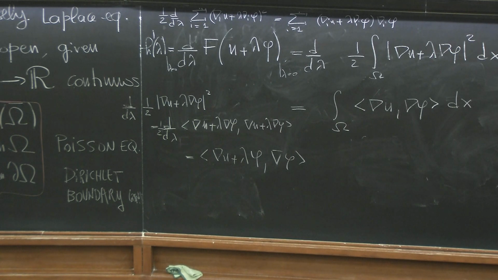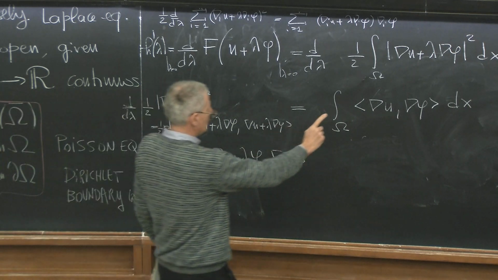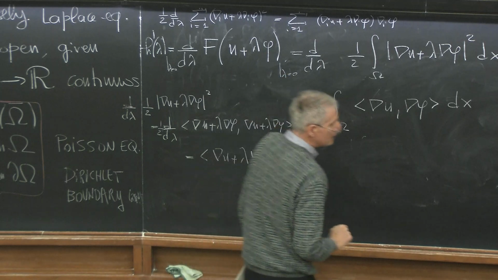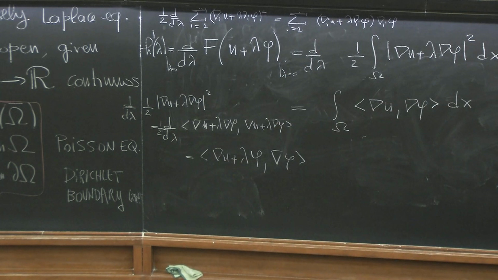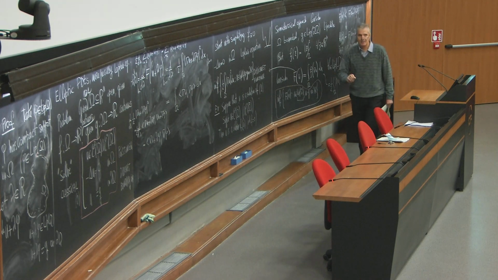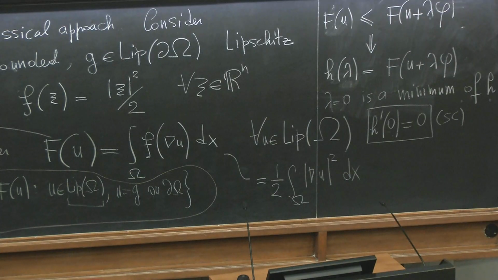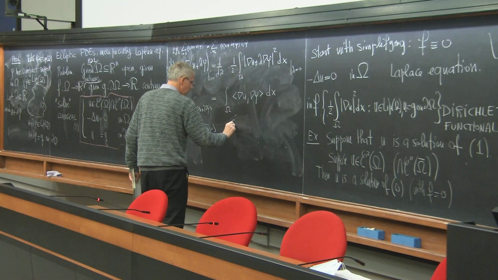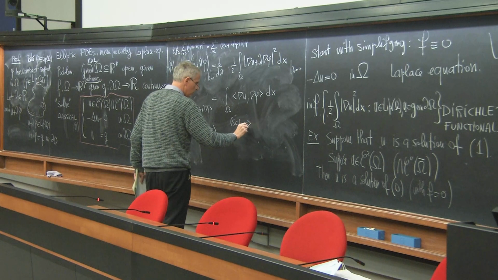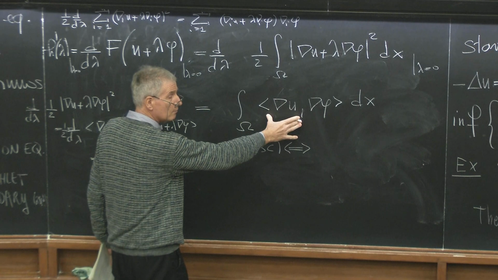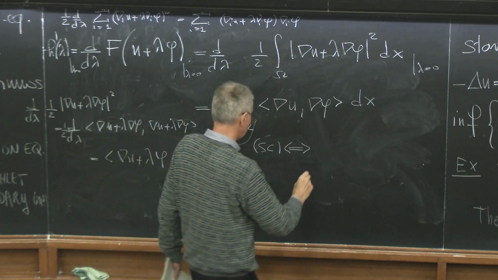And so where I am here, this is at lambda equals 0. So my stationarity condition, which is written here, let me call it stationarity condition in some sense, becomes what? That is called the Euler Lagrange equation somehow. So this must be equal to 0, but for any phi.